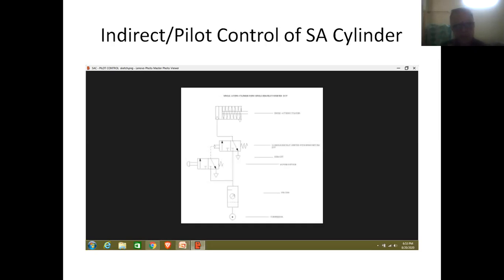So friends, in any case, only 2-way and 3-way valves are suitable for controlling single acting cylinders, and 4-way and 5-way valves are only suitable for controlling double acting cylinders. So friends, this is the arrangement of 3-way valves, used ultimately for controlling the operation of the single acting cylinder.